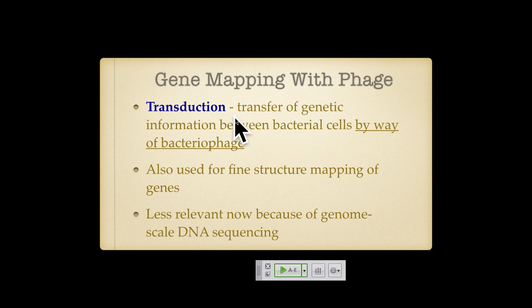All I want you to do is know that transduction is a process of transferring genetic information from one bacterium to another using a bacteriophage as the vector, and that it was once used for some fine structure genetic mapping, but I doubt if anybody's using it any longer.